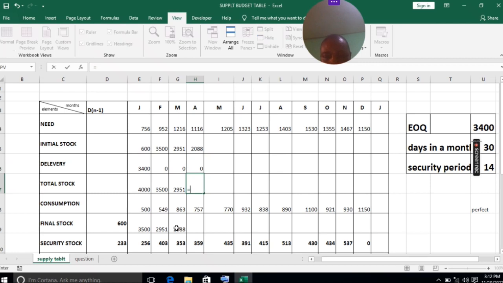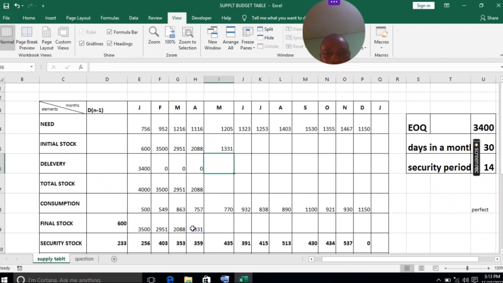So our total stock will still be the initial stock plus zero replenishment. So we have 2,088. Our final stock here will be total stock minus consumption, which is equal to 1,331. So our opening stock in May will be 1,331.